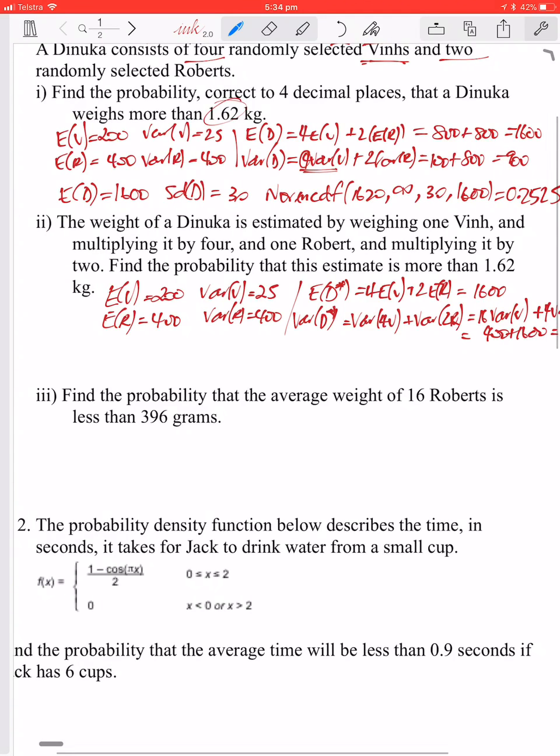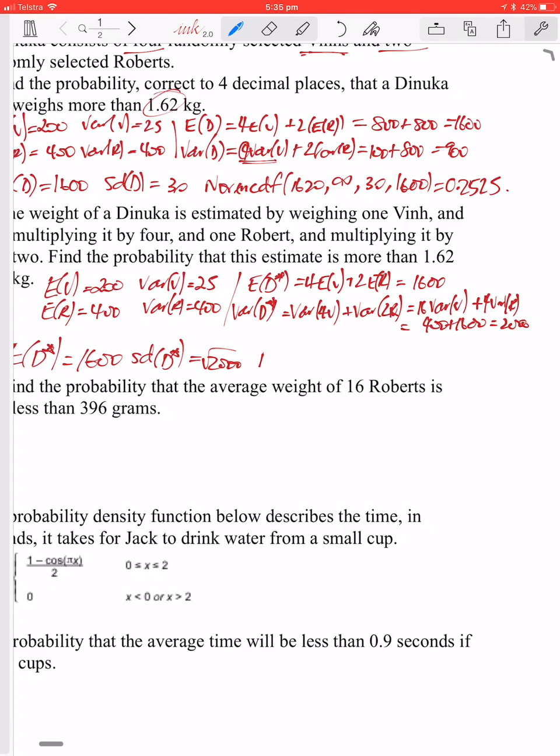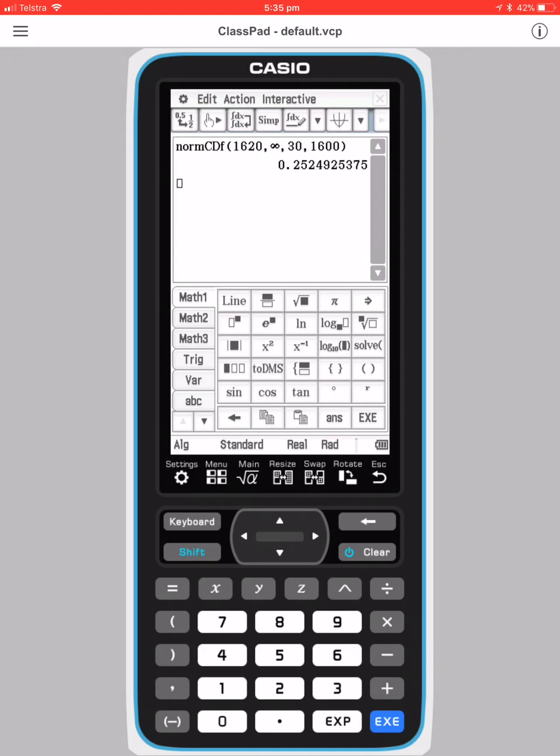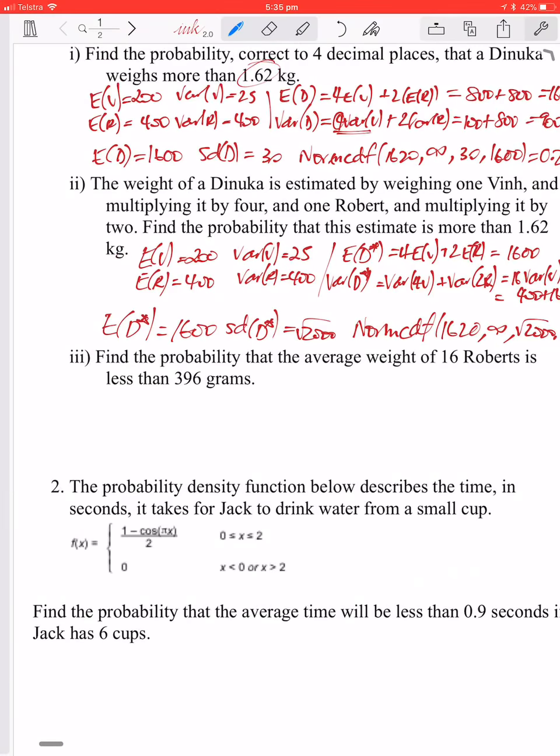So in this case, my mean of a Danuka is 1600 and my standard deviation of a Danuka is the square root of 2000. So our probability is norm CDF 1620, infinity, root 2000, and then 1600. In this case the difference is our standard deviation, so it's root 2000, and we get 0.3274.